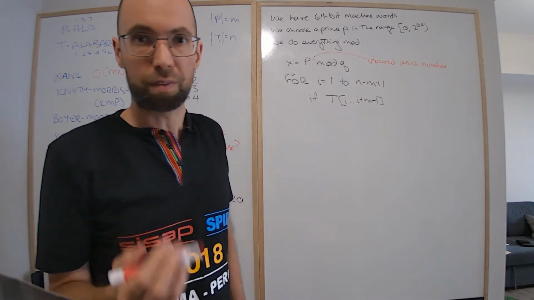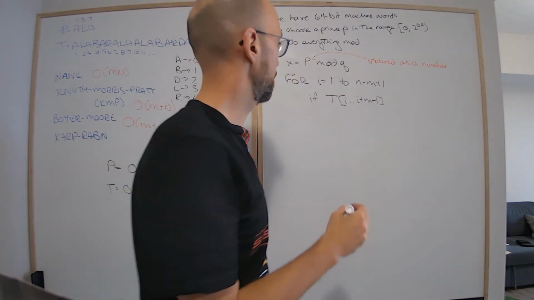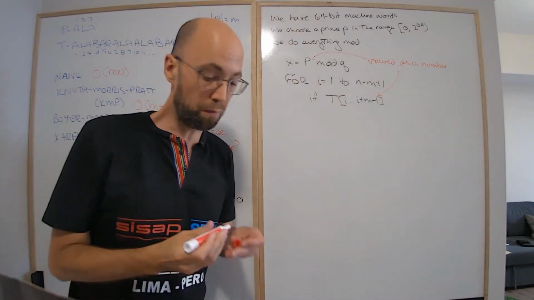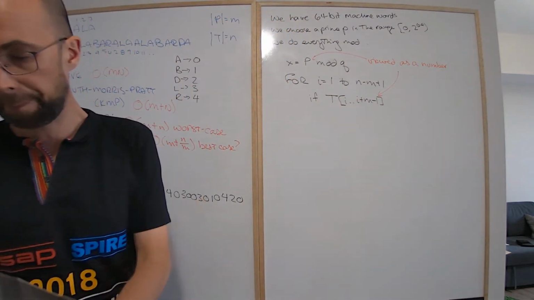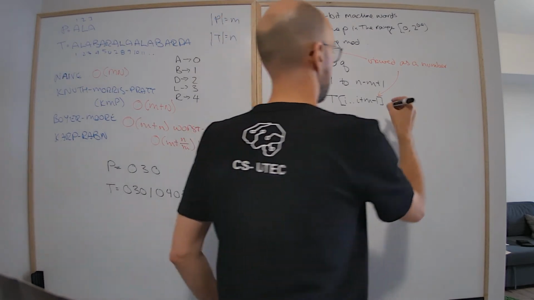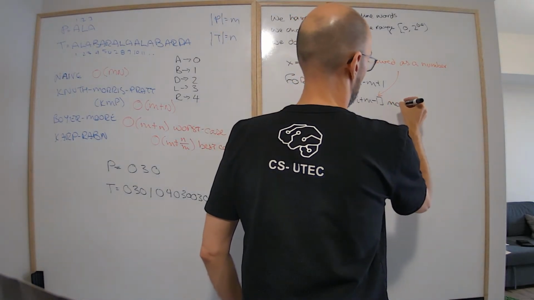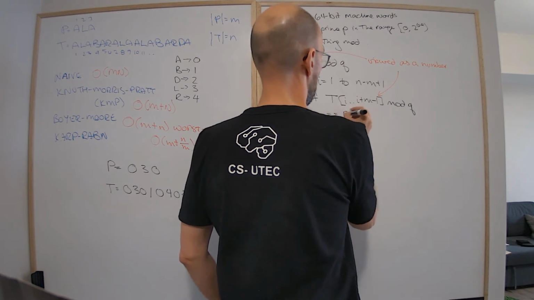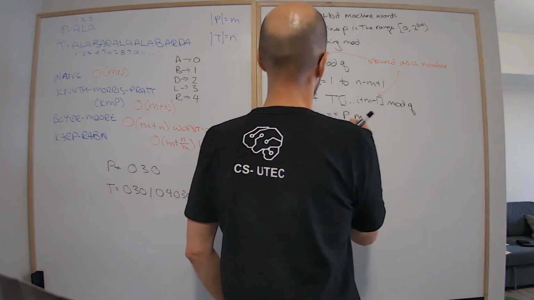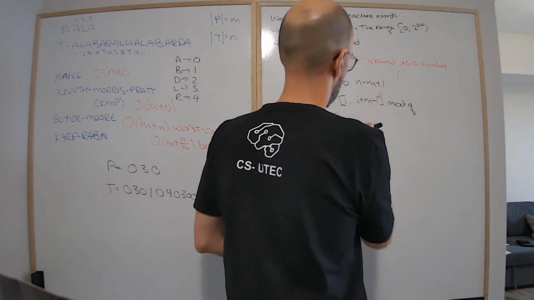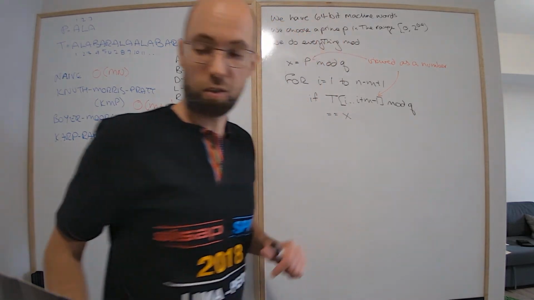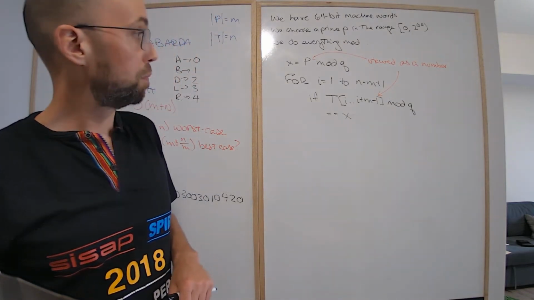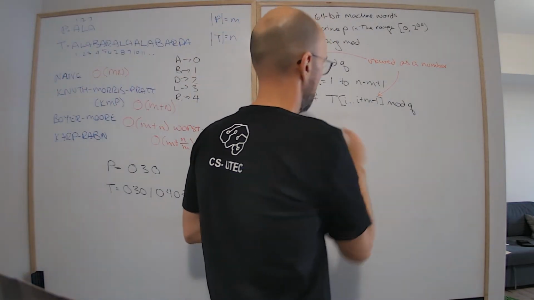So in base 255, if you want to consider ASCII. And this is also t, this substring of t viewed as a number, mod q, is equal to P mod q, which is x. Actually, I can fit that on the same line.